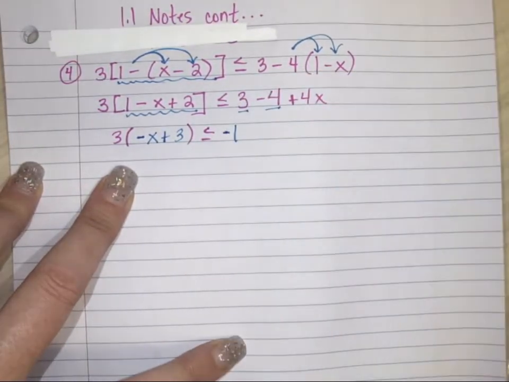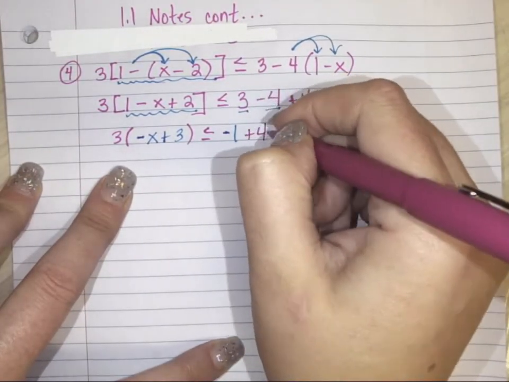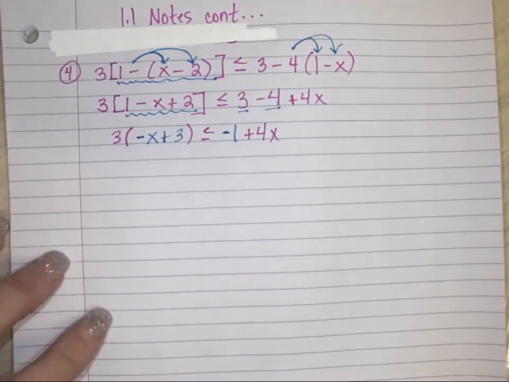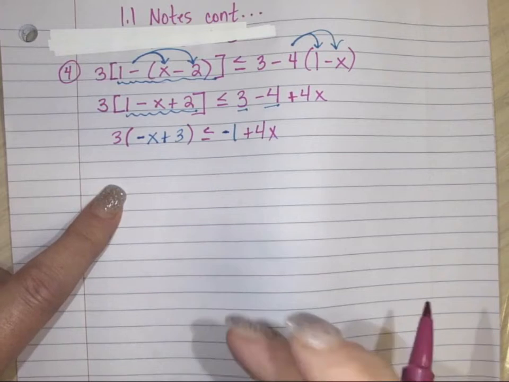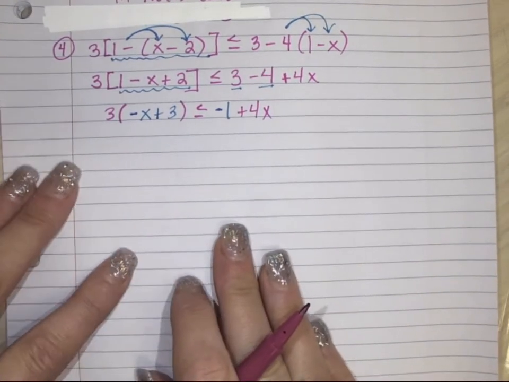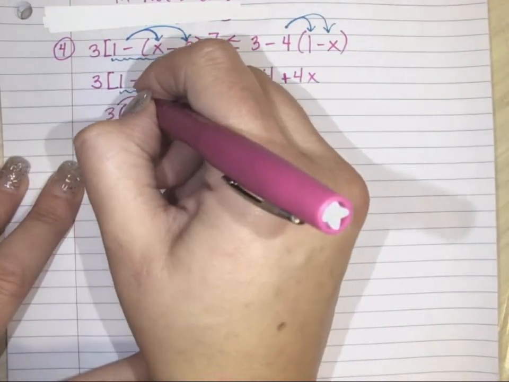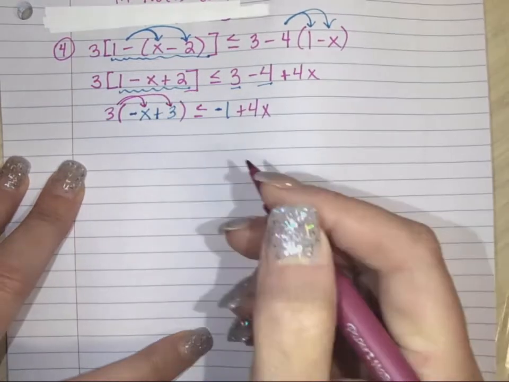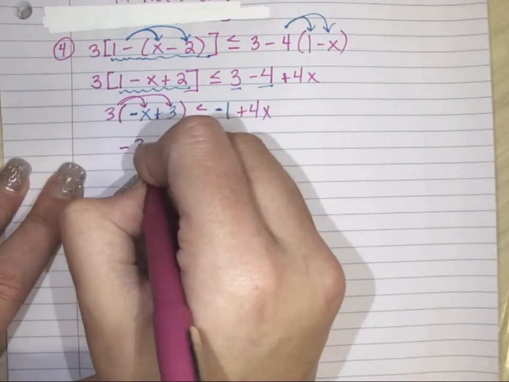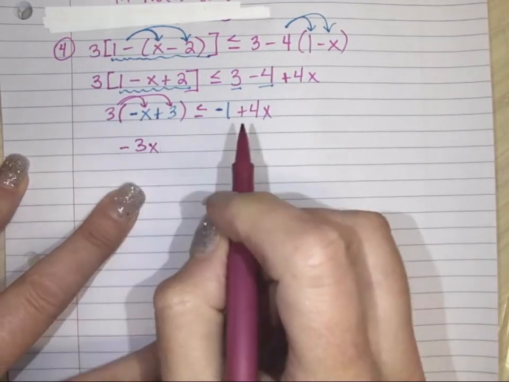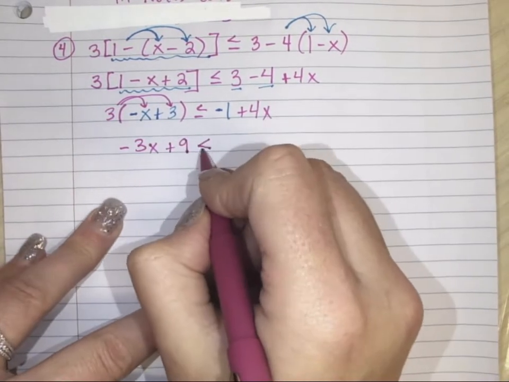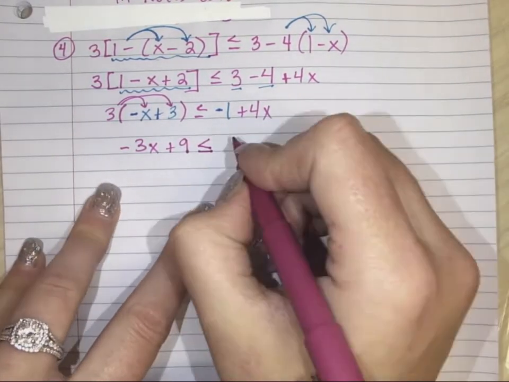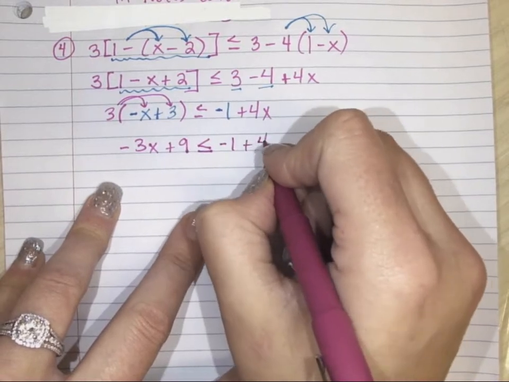That will give you negative 1. Bring down 4x. Then, of course, you still have grouping here. So let's distribute 3. 3 times negative x. 3 times 3. Bring down your symbol. Then we have negative 1 plus 4x.